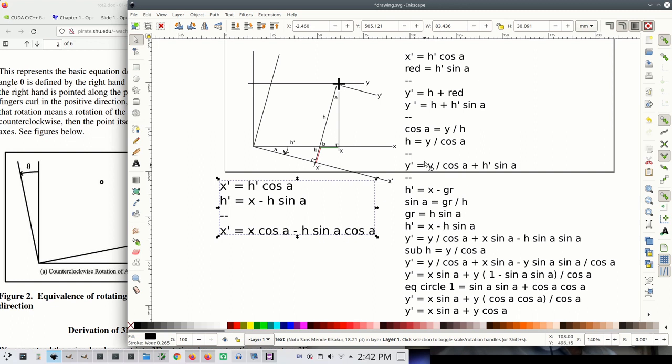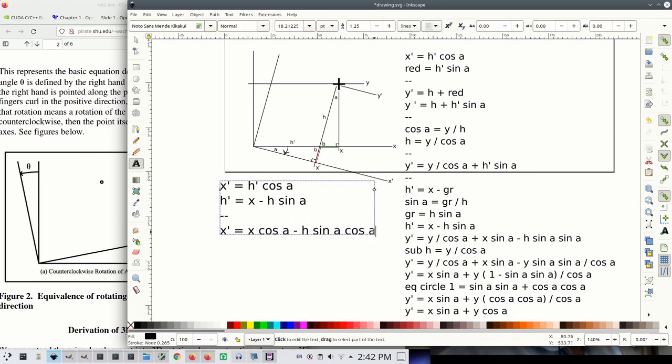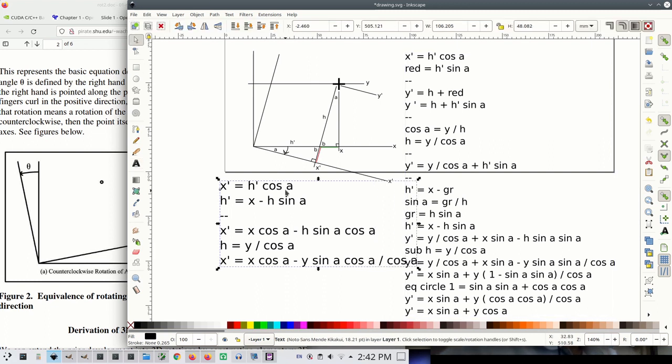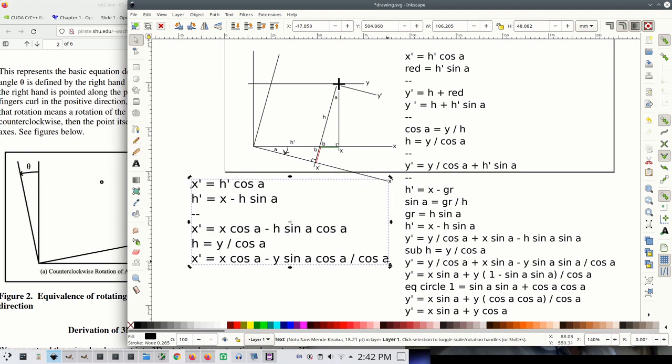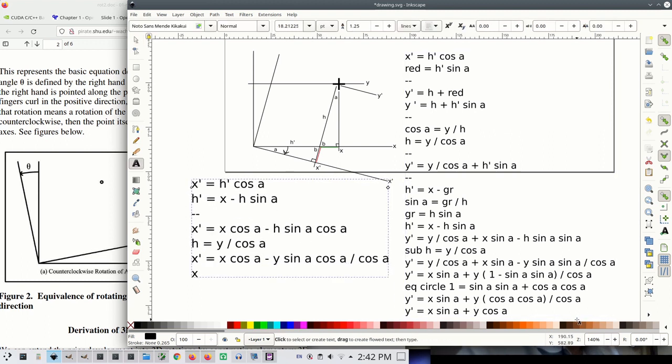And now for h, we sub in y over cos a. So x cos a minus y sine a cos a divided by cos a. Now we get x prime equals x cos a minus y sine a. And there's our two equations.